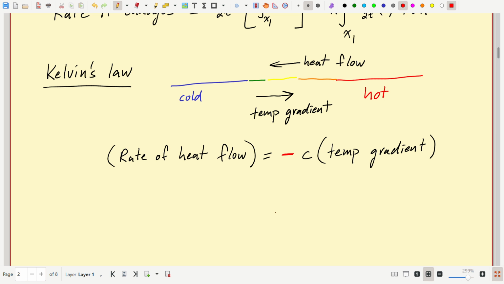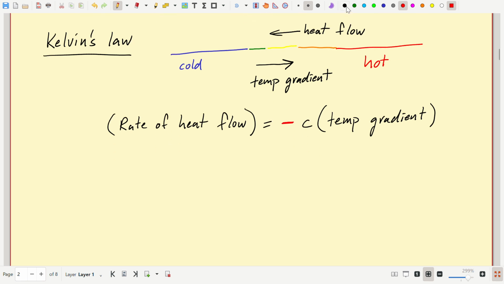Okay, to get ready for the next step here, I'm going to draw a graph. Here's an example. Here's my x1 and x2. I want my temperature gradients to be positive here. So here's my temperature.